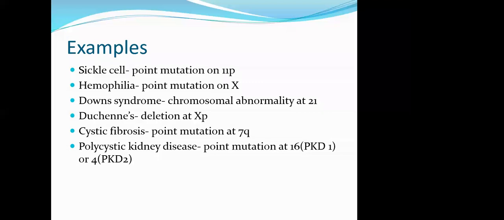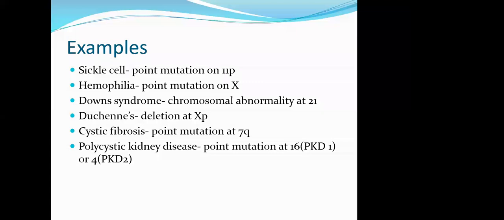So examples of mutations that occur are, for example, sickle cell disease, which is a point mutation on chromosome 11p. Hemophilia, whereby we have a point mutation on the X chromosome where factor 8 is being encoded for. Down syndrome, as I told you, is a chromosomal abnormality at chromosome 21, where we have 3 instead of 2.